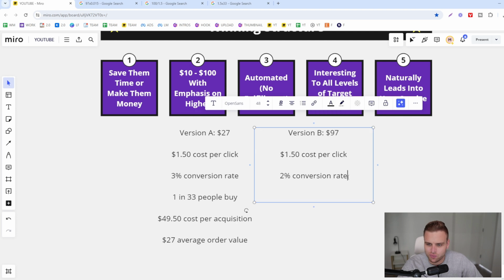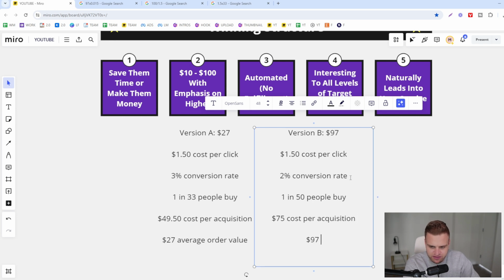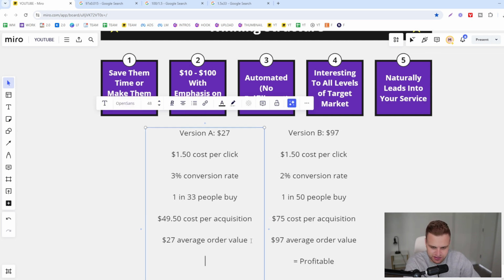It's not working properly, right? But if you have a 2% conversion rate, that's 1 in 50 people buy. And if you times that by the $1.50 cost per click, that's $75 cost per acquisition on a $97 average order value. Now we're profitable, and this one equals a loss, right?